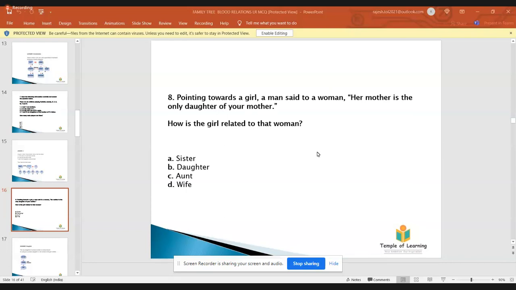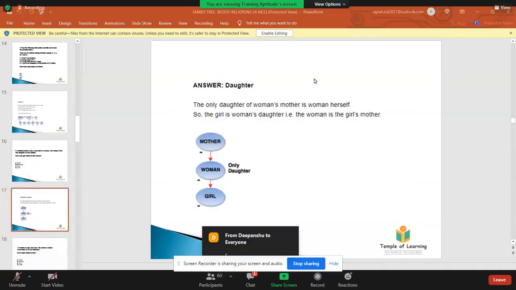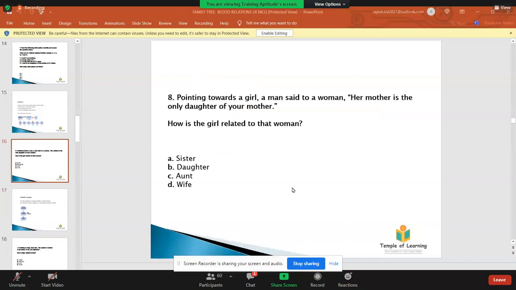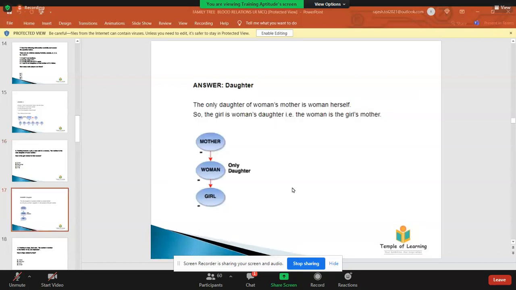I mean, it's daughter, of course. Why? Because only the daughter of a woman's mother is the woman herself. The girl is the only daughter. Correct. She is the only daughter. Absolutely correct.